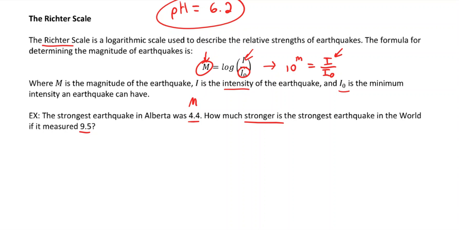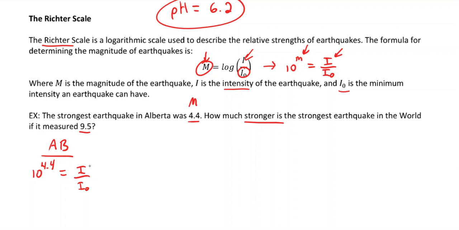other intensity, right? So here, in Alberta, I'm going to make a little equation for intensity. So I'll say in Alberta, we'll say it is 10 to the power of the magnitude, so to the power of 4.4, is equal to I over IO.